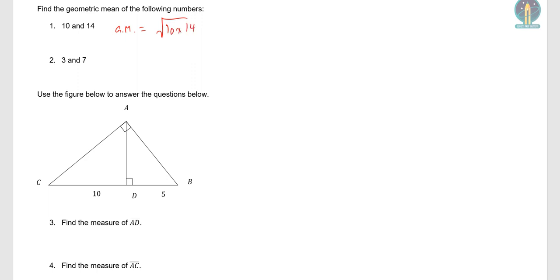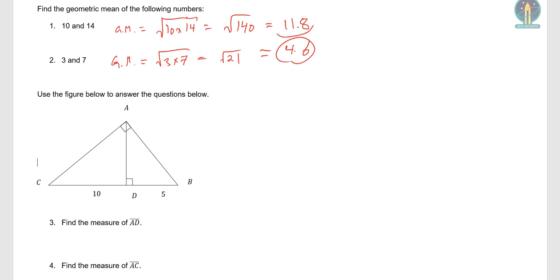So the square root of 10 times 14 is the square root of 140, which is about 11.8 approximately. 3 and 7. Again, the geometric mean is the square root of 3 times 7, which is the square root of 21, which is 4.6. Okay.